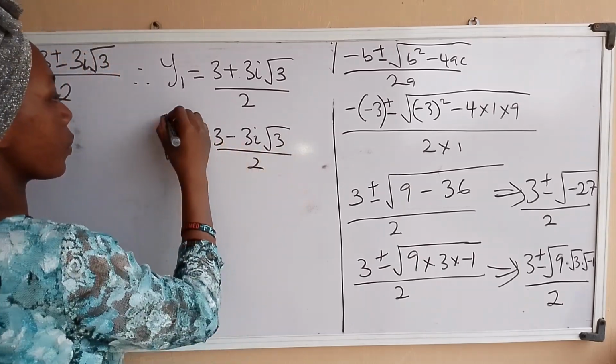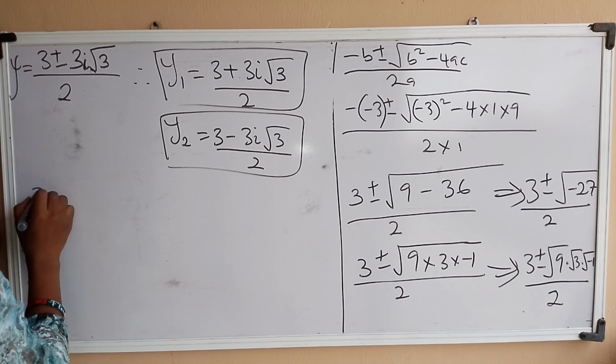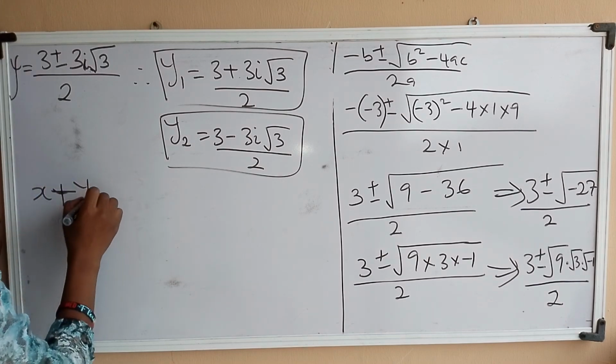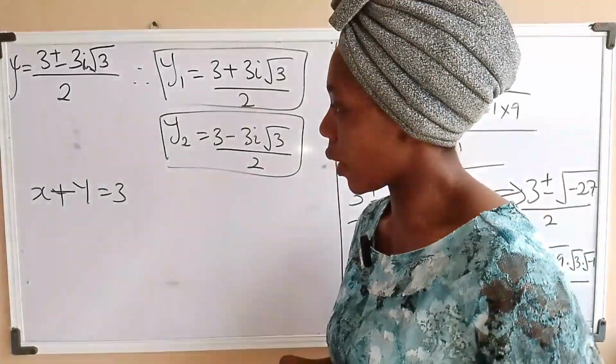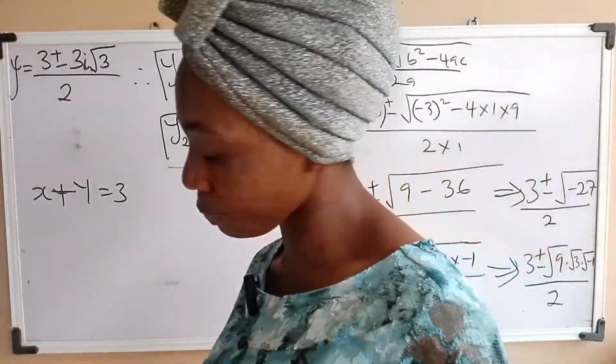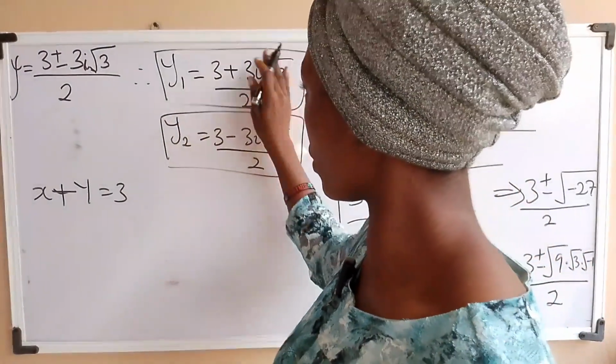So with these values, we are going to look for x. I'm going to use x plus y equals 3 to find the values for x. Anywhere I see y, I'm going to put this one first.